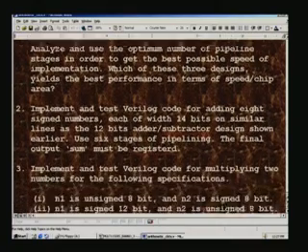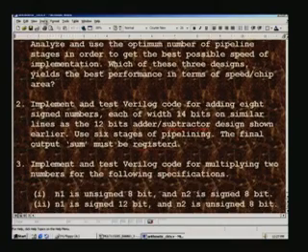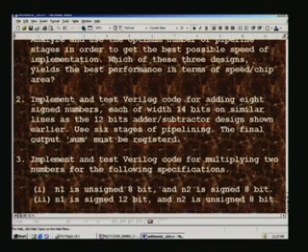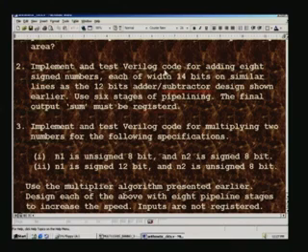We have a second assignment. In fact, the first assignment is actually 3 for you, and the second one is to implement and test Verilog code for adding 8 signed numbers. We have done this before, and each is of width 14 bits instead of the 12 bits we had added earlier.